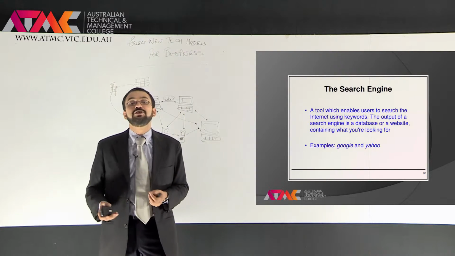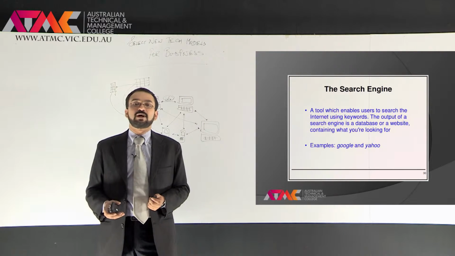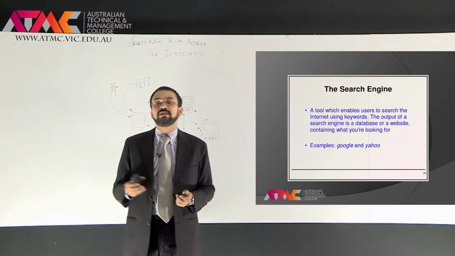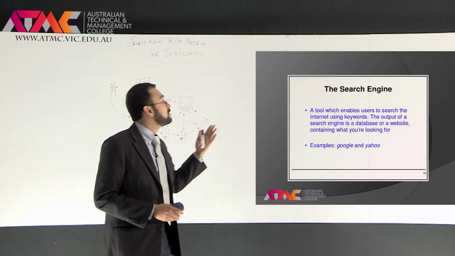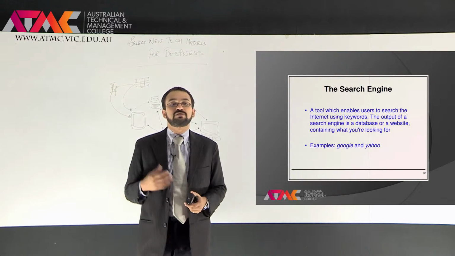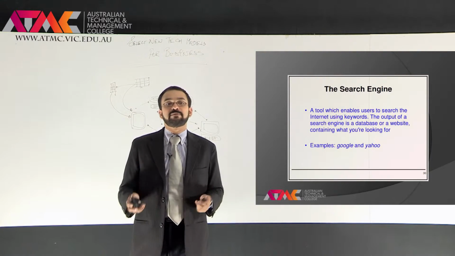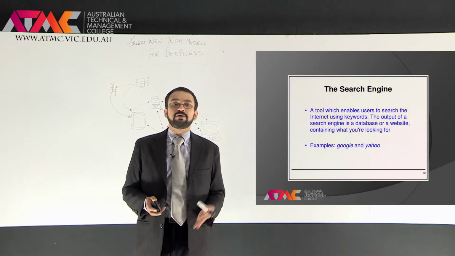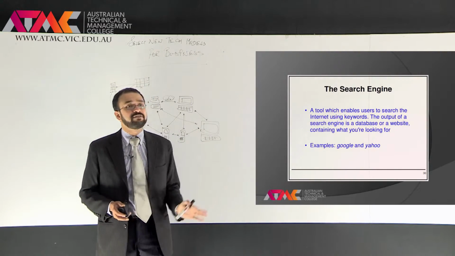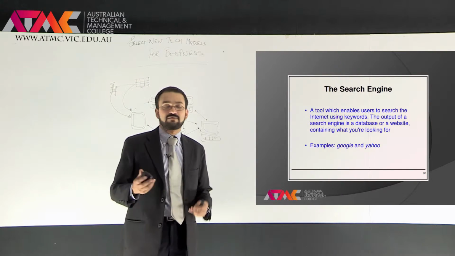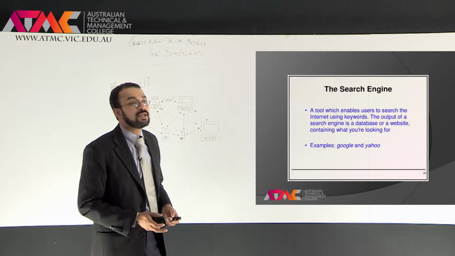It was more of a communication process rather than searching the enormous information that already exists on these web servers. A search engine is a tool which enables users to search the internet using keywords, and the output of a search engine is a database or a website containing what you're looking for. Those are some basic definitions of a browser and a search engine, and there are many examples, from Bing to Yahoo to Google.